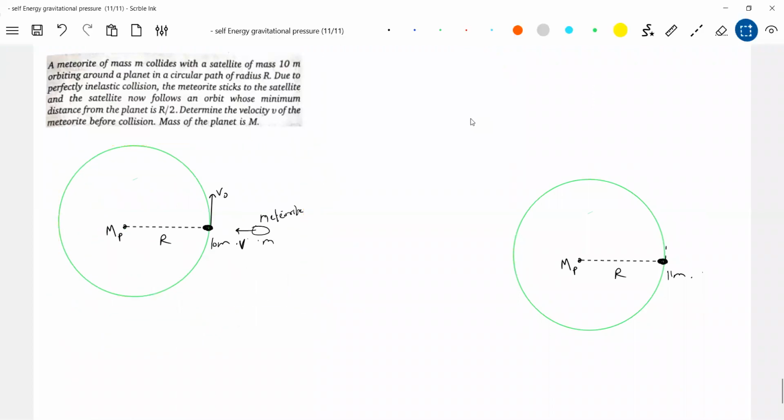Okay, fine. Let it collide like this. What do you expect after this? How will it move?